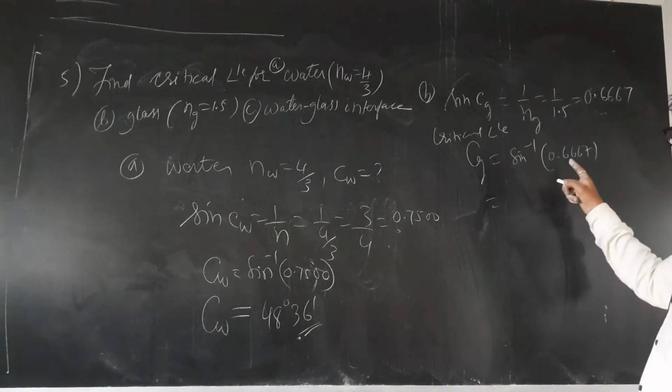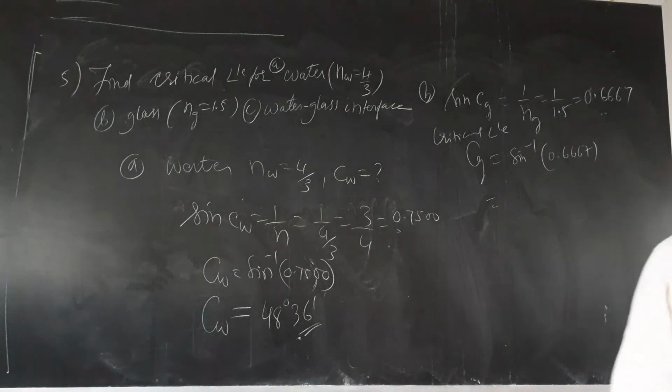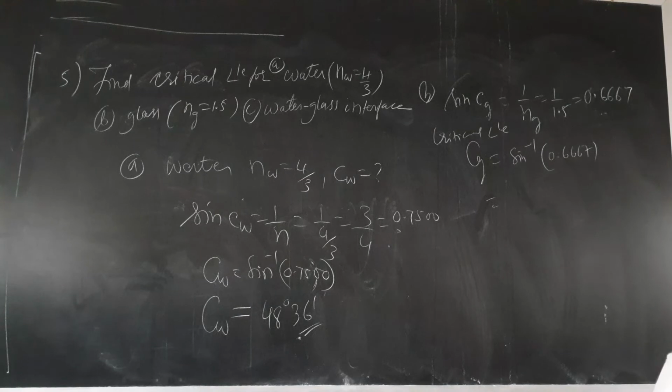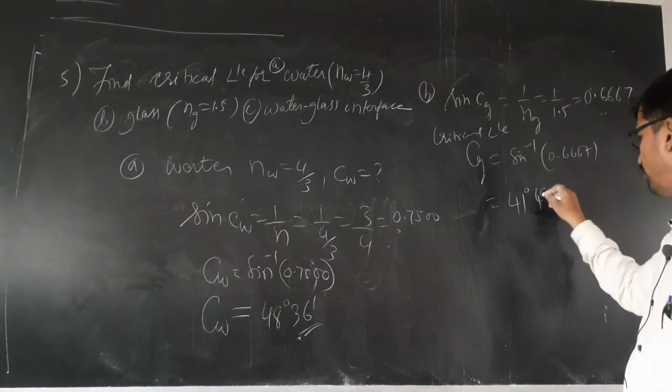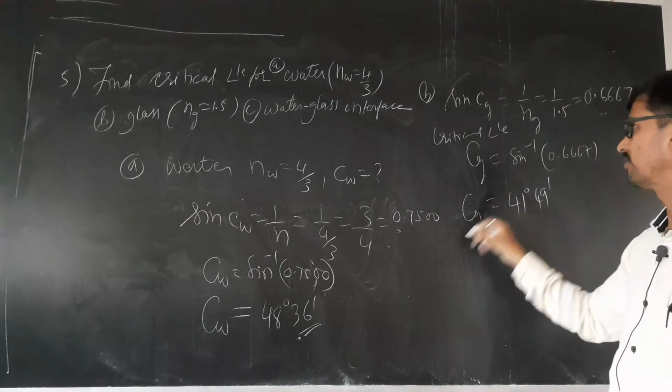Now for 0.6667 you have to find the sine inverse. 0.666, 7 is there, and with mean difference we get 41 degrees 49 minutes. This is the critical angle for glass.